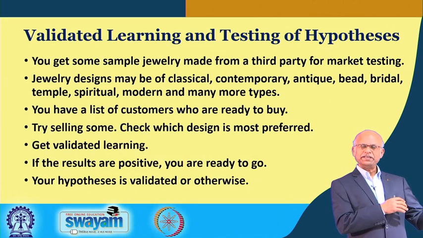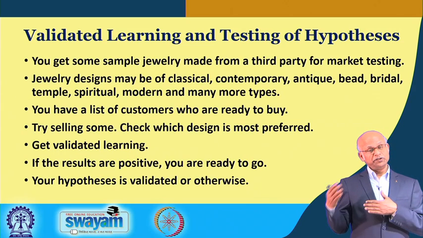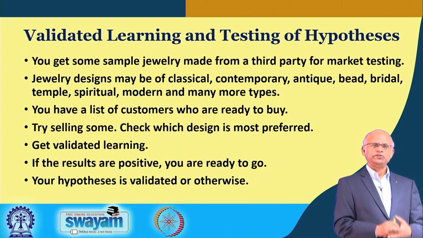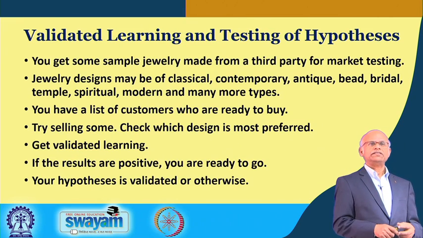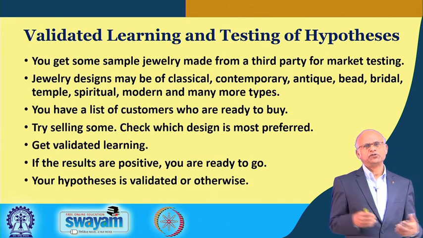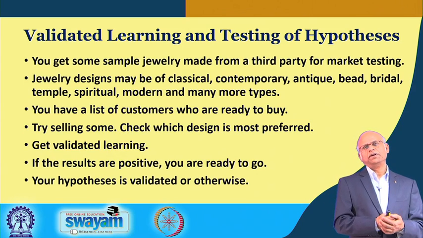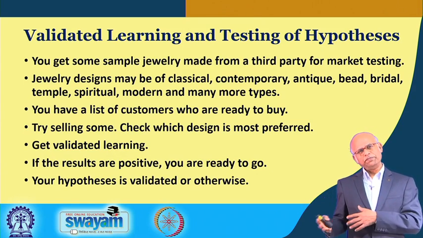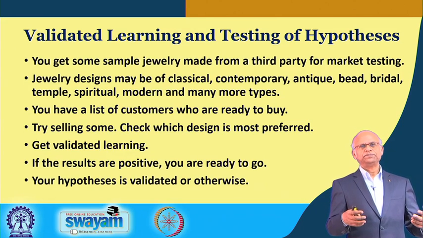If you make it in a machine, the making charge will be very low, and because it is 10 karat, it will be affordable. So, you want to add these two elements to the product to bring the price down. You have a list of customers who are ready to buy. Through this experiment you give them the samples and try selling some through these people.